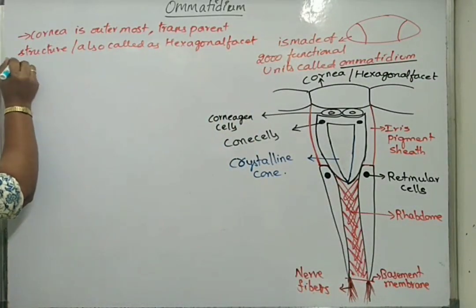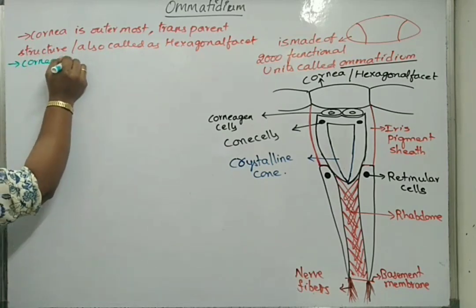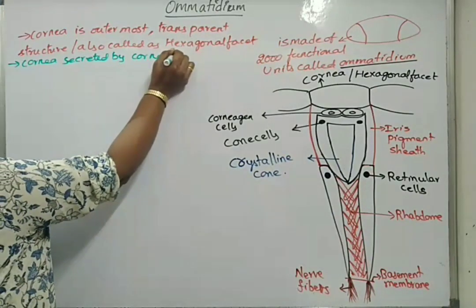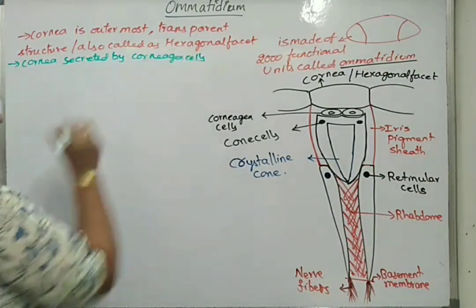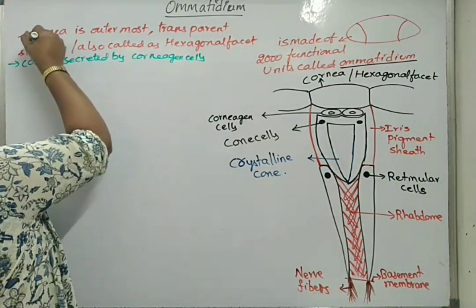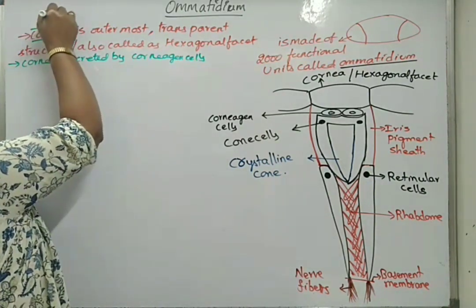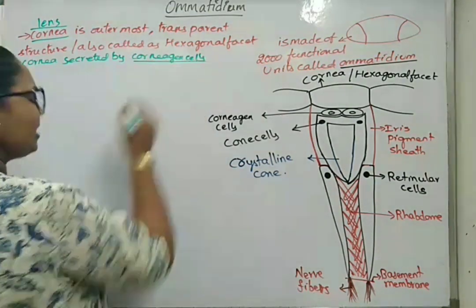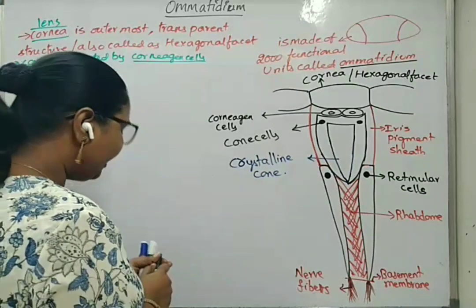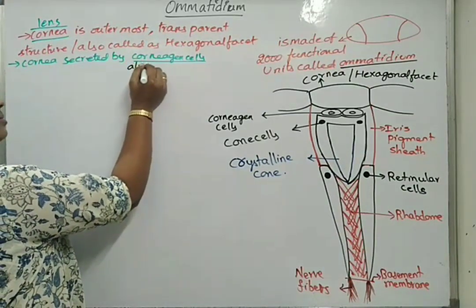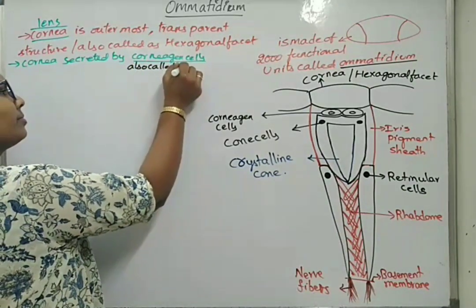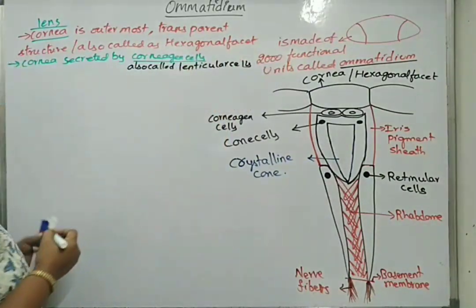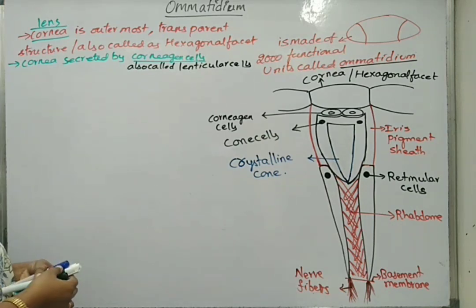Cornea is secreted by corneagen cells. This cornea is also called the lens. We use a term called lens. Corneagen cells are also called lenticular cells.